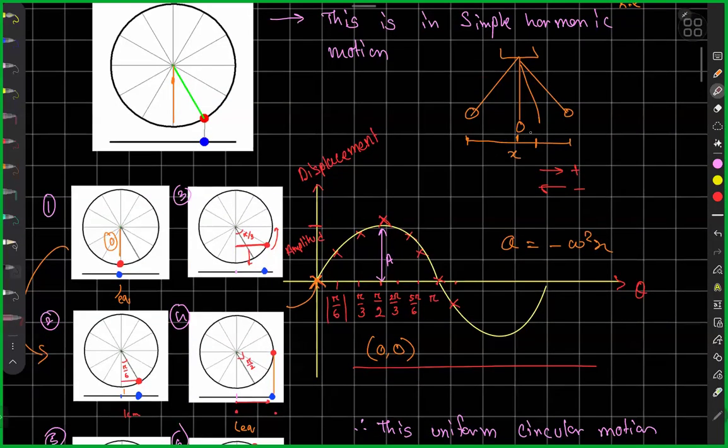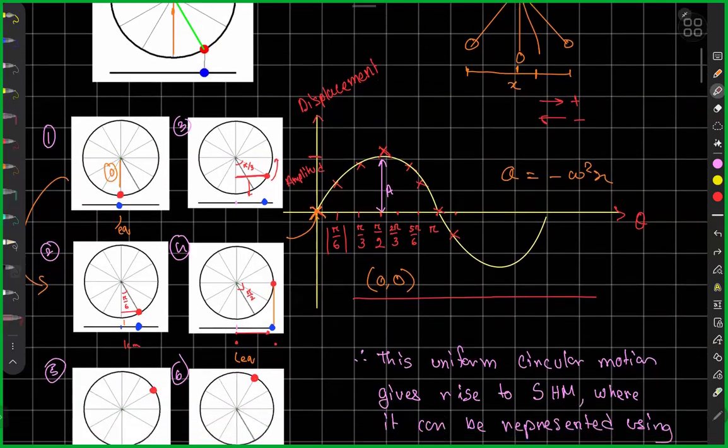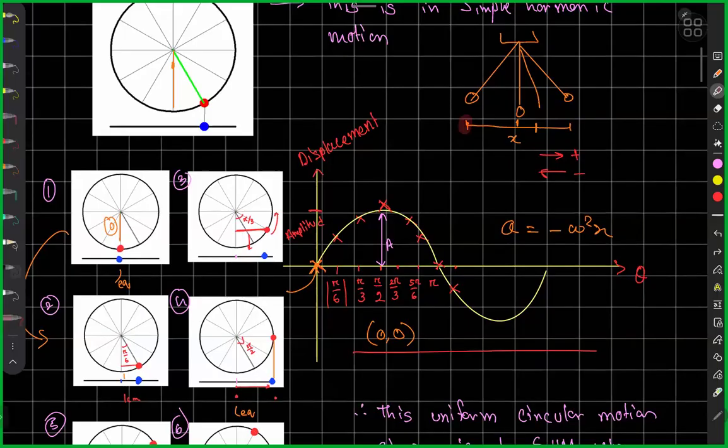The blue shadow represents the displacement of a pendulum going around. The displacement is always in a horizontal line. Yes, it is in the horizontal line.